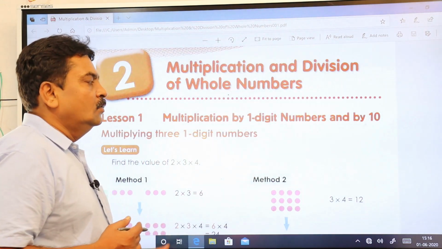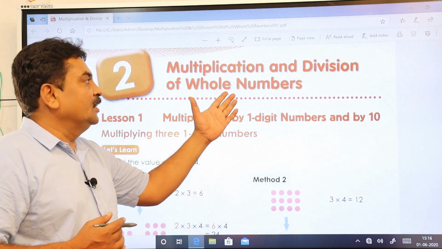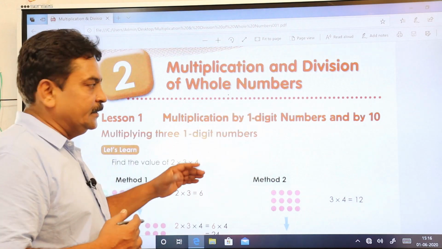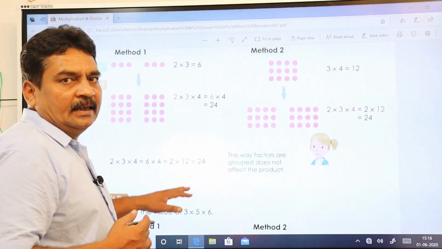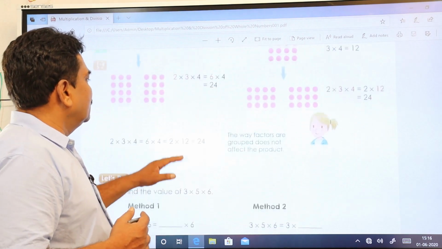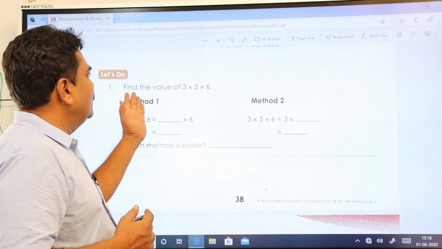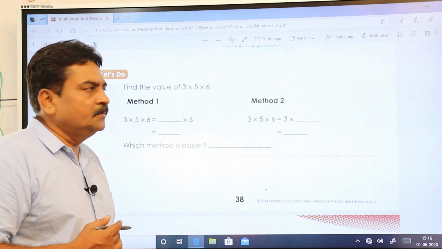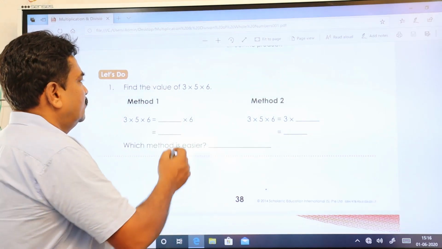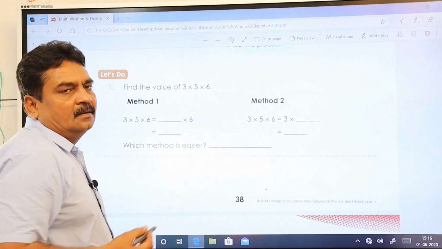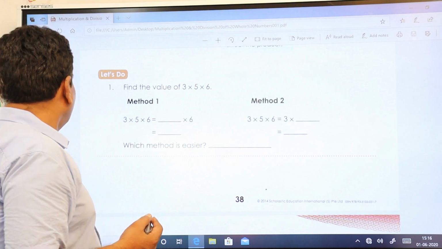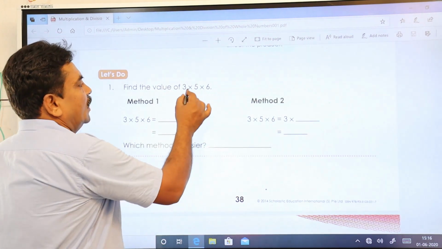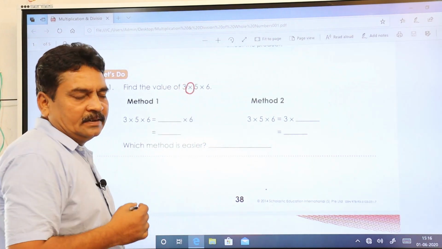Let us now go for multiplication and division in this. So here, these are the things. Find the value of the first one. Find the value of 3, 5 and 6. You have to multiply it because here you have a symbol of multiplication.